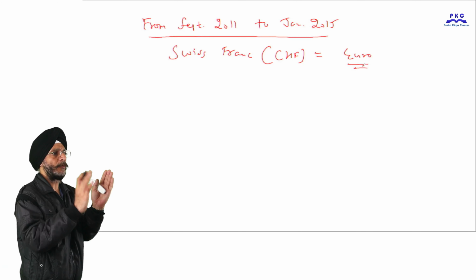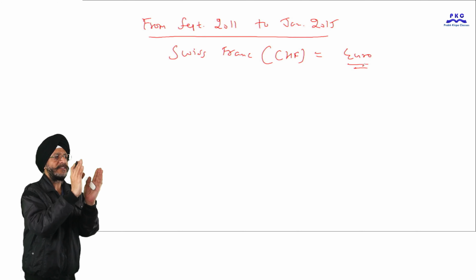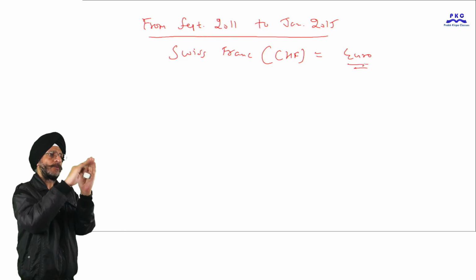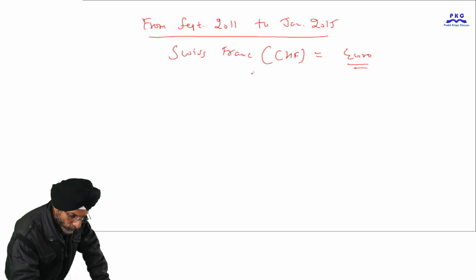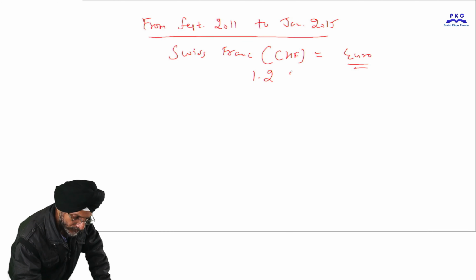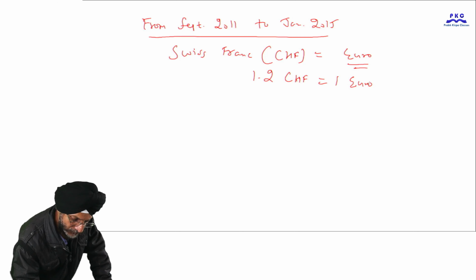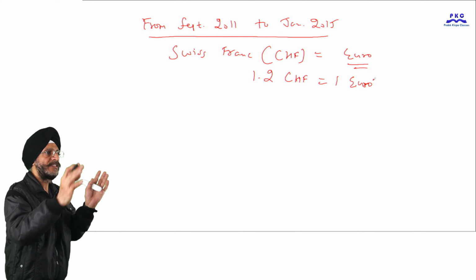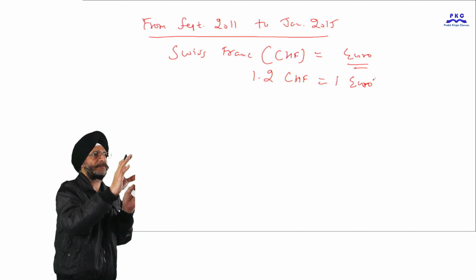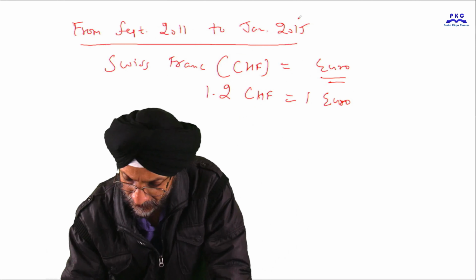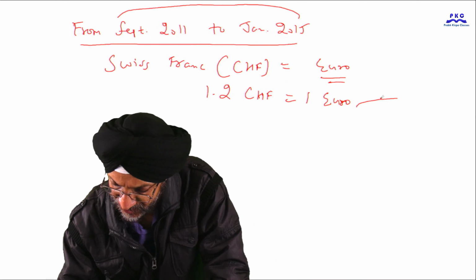They were adopting the policy that some exchange rate has to be maintained, and at around 1.2 CHF, 1 euro was being exchanged. That is, the Swiss National Bank used to take steps during this period to maintain this exchange rate.